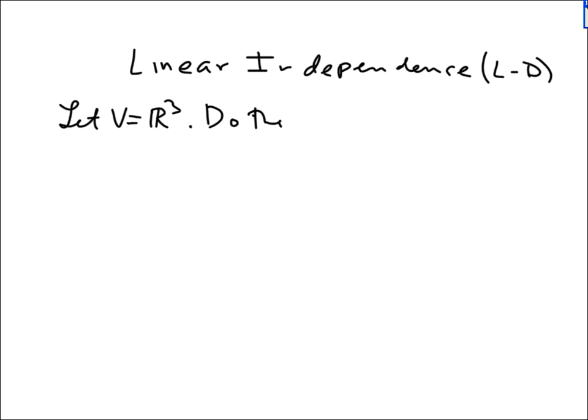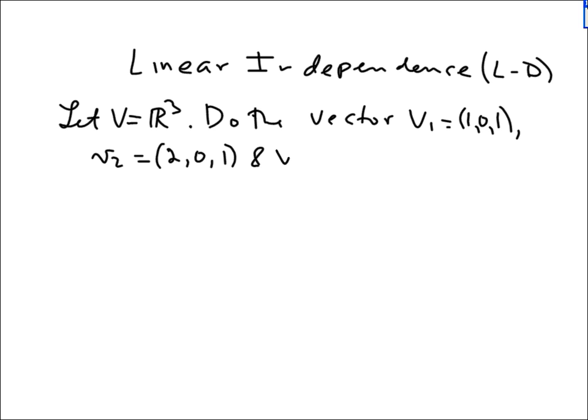The vectors V1 equal to 1, 0, 1, V2 equals 2, 0, 1, and V3 equal to 1, 2, 1.